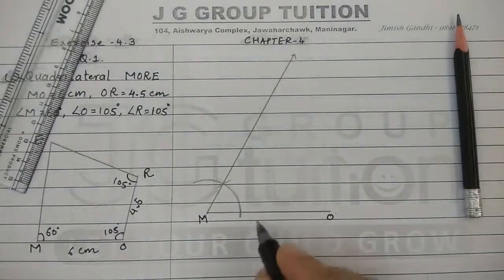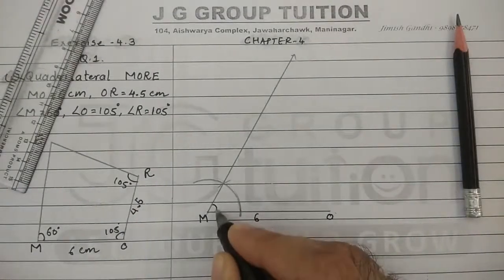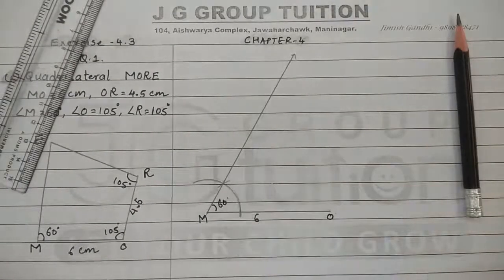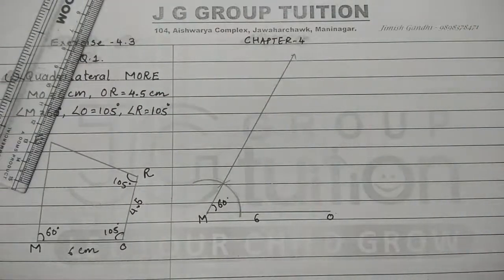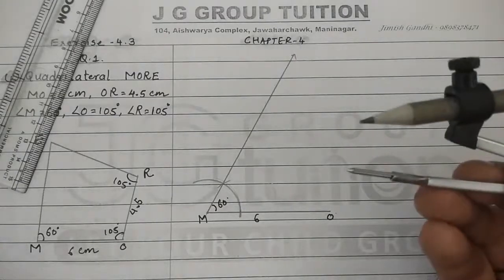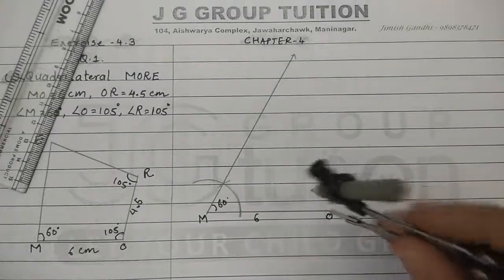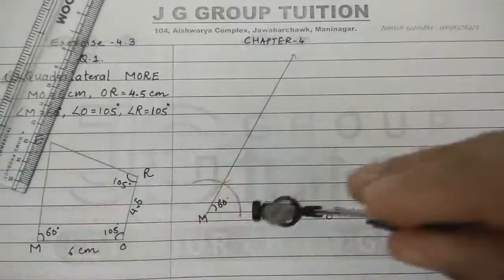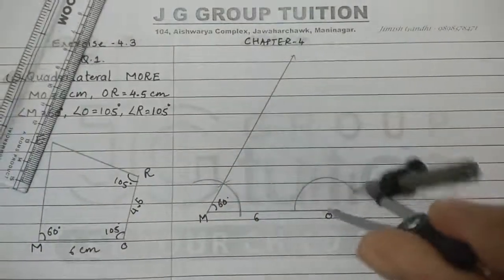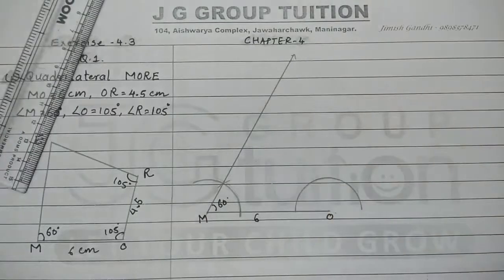Now let us learn how to construct angle O, that is 105 degree. Please remember and understand this very clearly. Again we take any arbitrary radius. As 105 is an obtuse angle, we construct the first arc as a semicircle or larger than the previous.